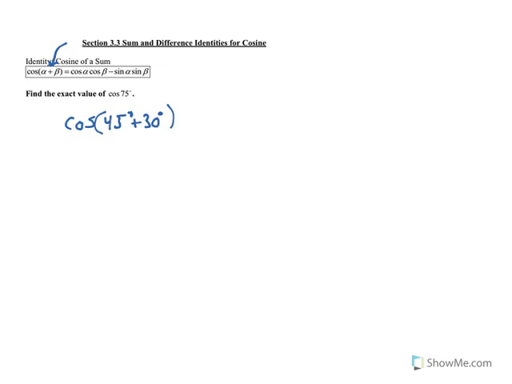And 45 will be the alpha, so it's identical to cosine alpha, so cosine of 45, times cosine of 30, cosine beta, minus sine of alpha, so sine of 45, and sine of beta. And the beta is the 30.